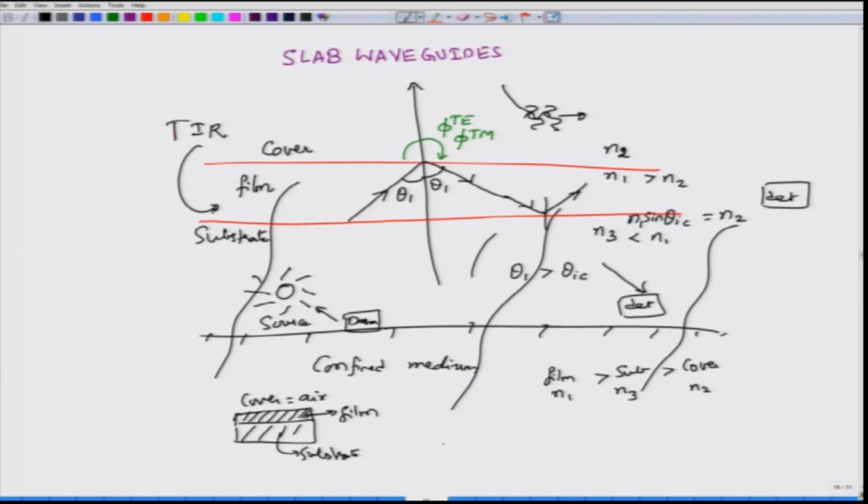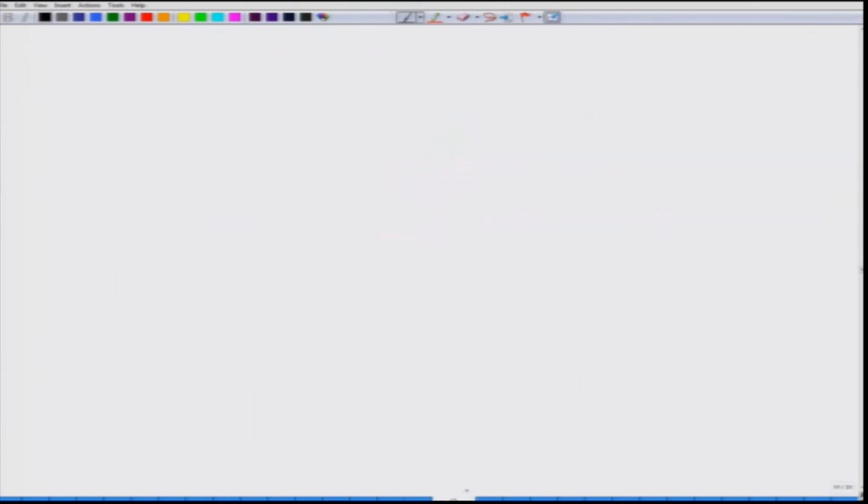And because we considered 3 different layers, each of them having different refractive index, this is called an asymmetric slab waveguide. But what we will do is to actually consider the symmetric slab waveguide, in which I have the film of refractive index N1 and the cover and substrate both of the same material.